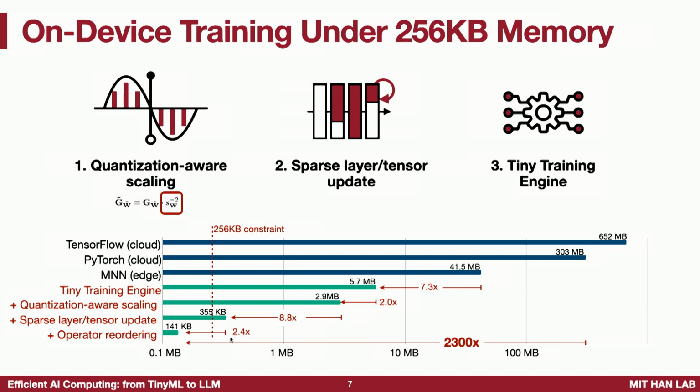And by operator reordering to consume those gradients immediately when they are generated and release the memory as soon as possible, we save another 2.4x memory. All together, this is 3 orders of magnitude reduction of the training memory, which is very game-changing, so that we can enable on-device training under only 256 kilobytes of memory.